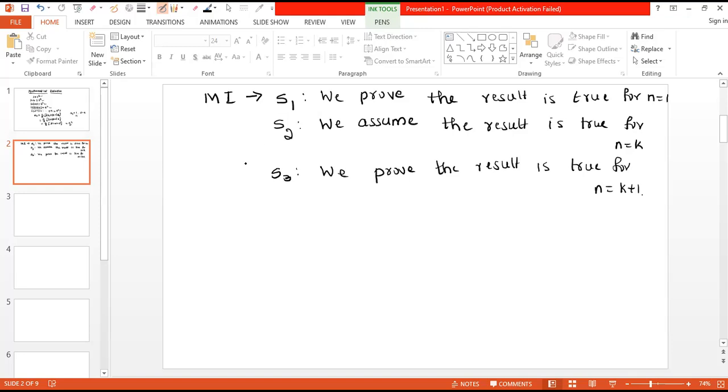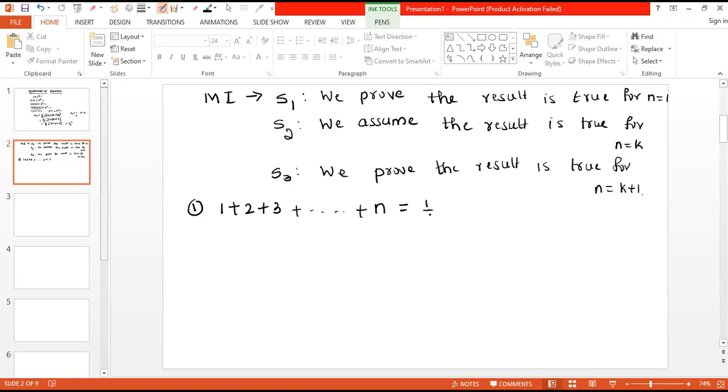The first, simple example we will take is about the summation of the first n natural numbers: 1 plus 2 plus 3 and so on up to n.